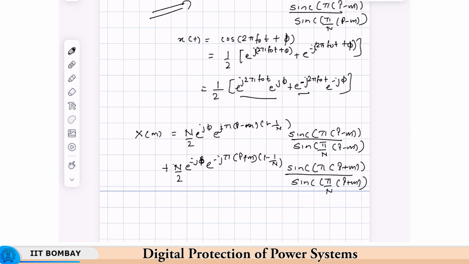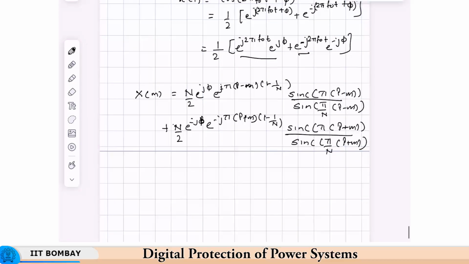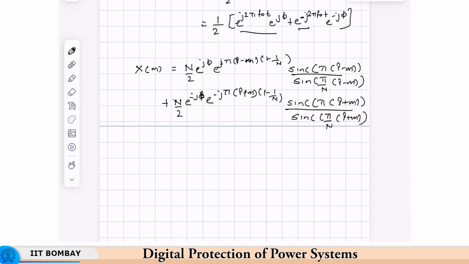This is for the first window, or x of 0, if we could call it the first window. If we have the moving window approach, then you will get one more term.